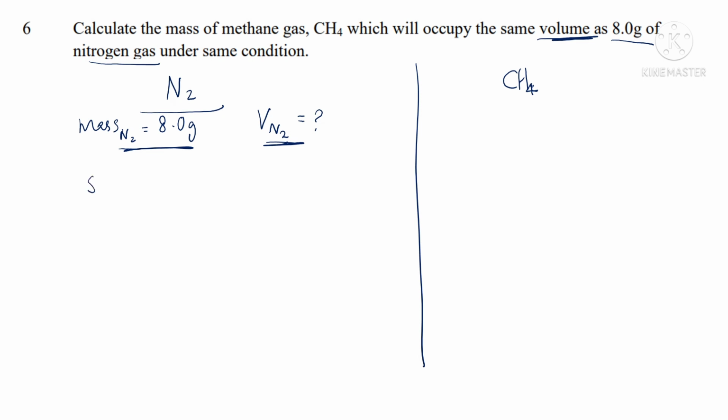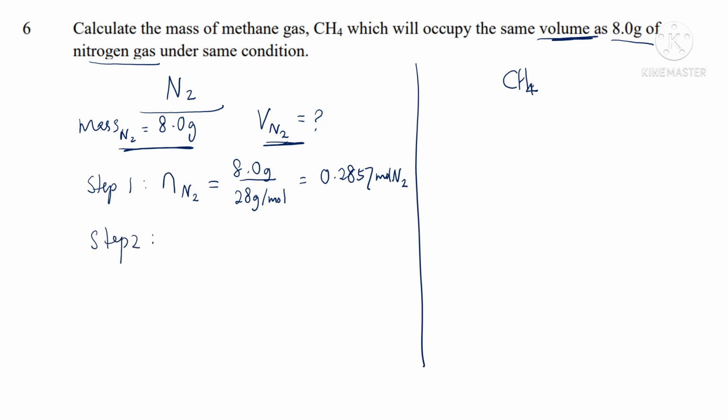Step number 1, again, we need to find the number of moles. Since we have been given the mass of nitrogen gas, we use the formula mass divided by molar mass of nitrogen gas. That should give us 0.2857 mole of nitrogen gas. In step number 2, we want to find the volume of nitrogen gas.